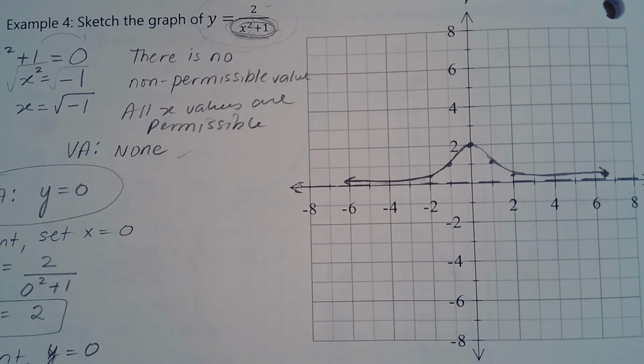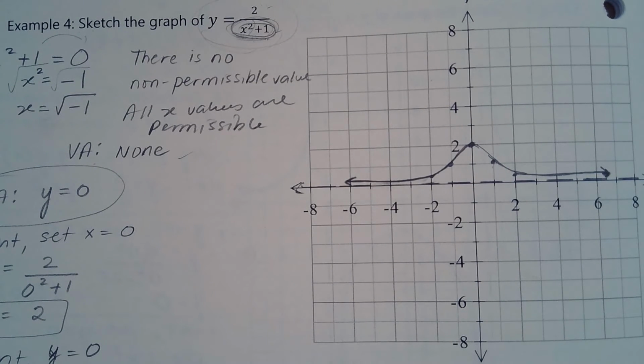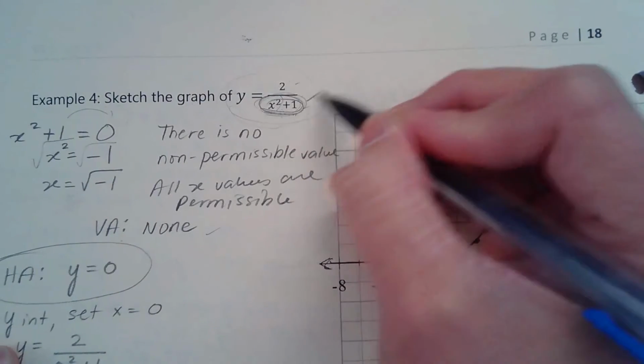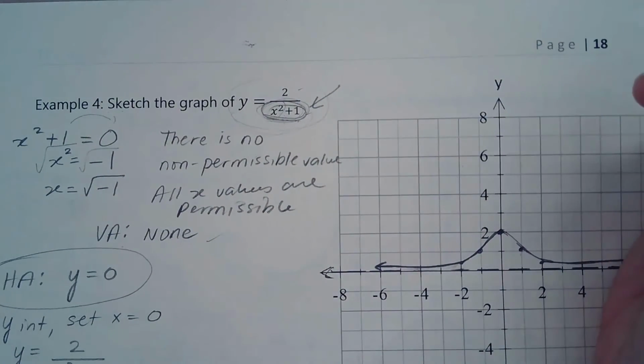Okay. Why don't we factor the denominator in this case? Oh yeah, because the denominator is actually not factorable.